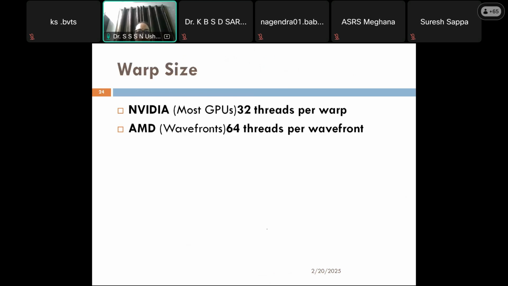NVIDIA has 32 threads per warp, but there is also another company, AMD, which uses wavefronts instead of warps. The nomenclature changes. It is a wavefront with 64 threads.